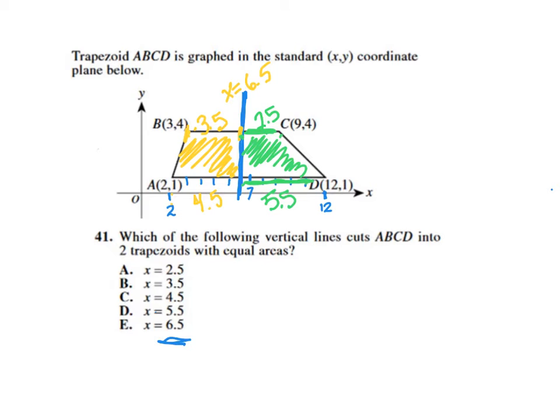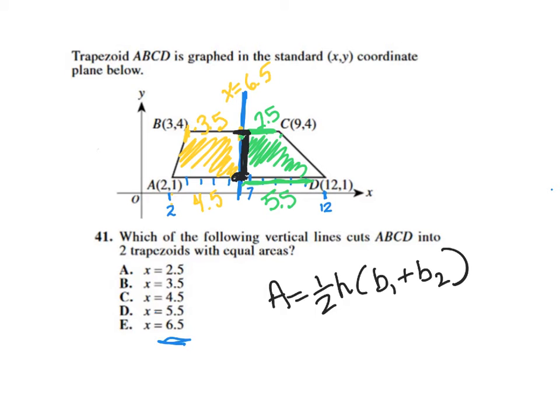The area of a trapezoid is the formula area equals 1/2 times the height times the sum of the bases. Both of these trapezoids are going to have a height. We go from a y coordinate of 1 to a y coordinate of 4.